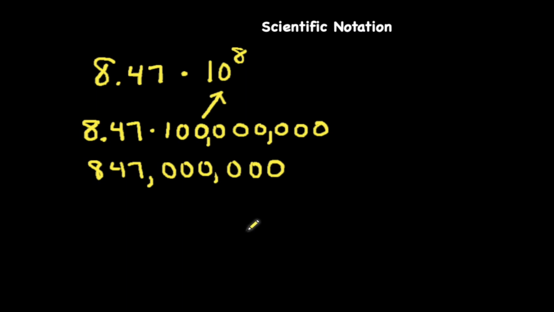Okay, but let me tell you what's really going on here. So what's really going on is that you're taking the decimal point and you're moving it 8 places to the right. All right, so let me show you what I mean. So let's just say, let me go ahead and erase this so we have more room here.